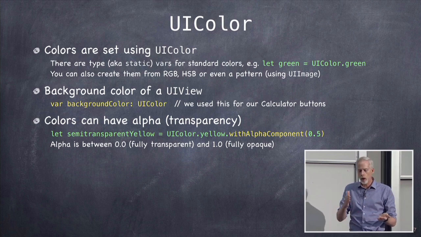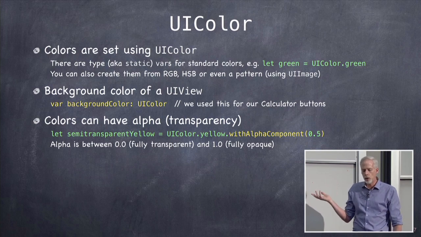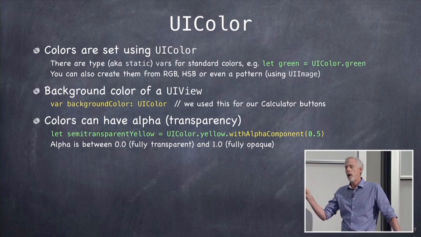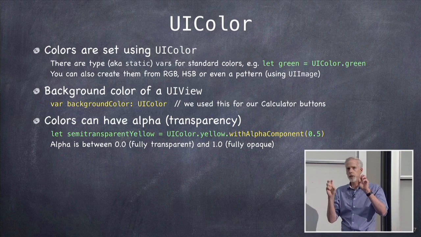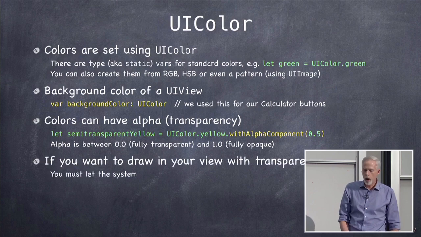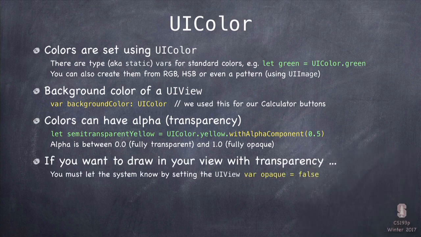Okay? So you can put anywhere in that range. And the way you create a transparent color is by taking an opaque color and saying with alpha component, whatever alpha you want between 0 and 1. Okay? And that gives you a transparent or semi-transparent version of the color, and you can draw with that. However, if you draw with transparency in your UI view, you must set this var on your UI view, opaque, to false, okay?